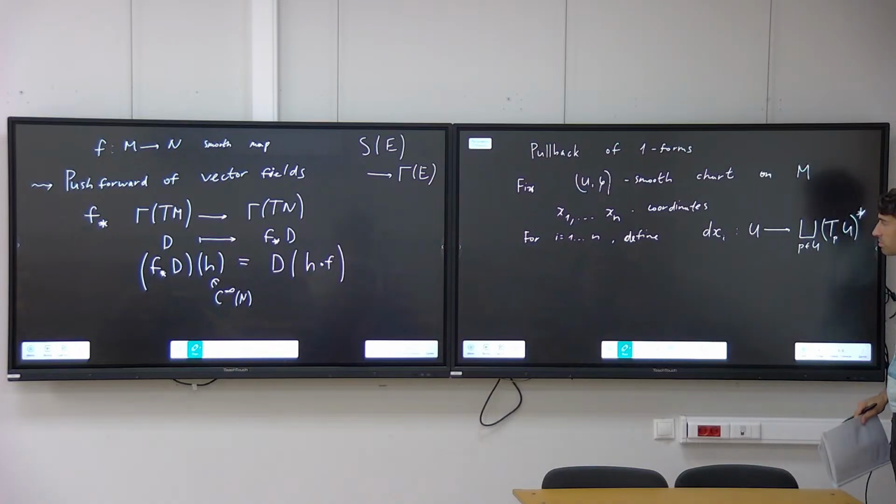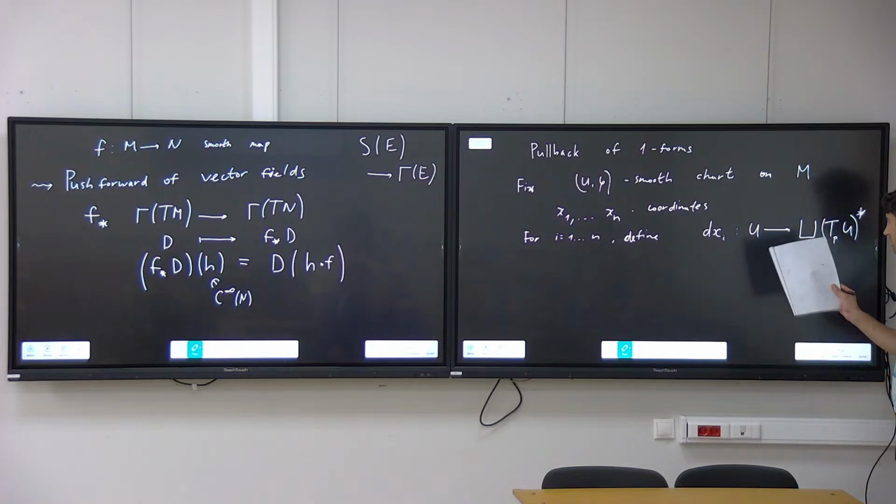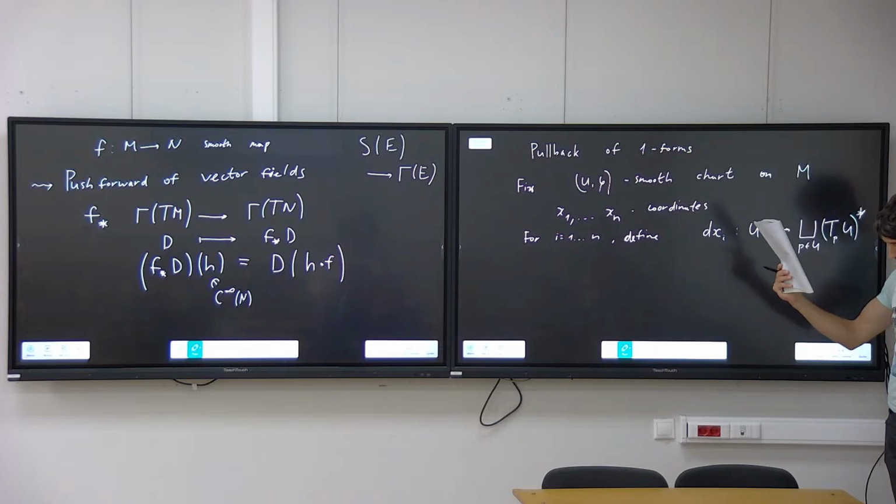I'm just thinking of a section as a map from the base to each fiber.